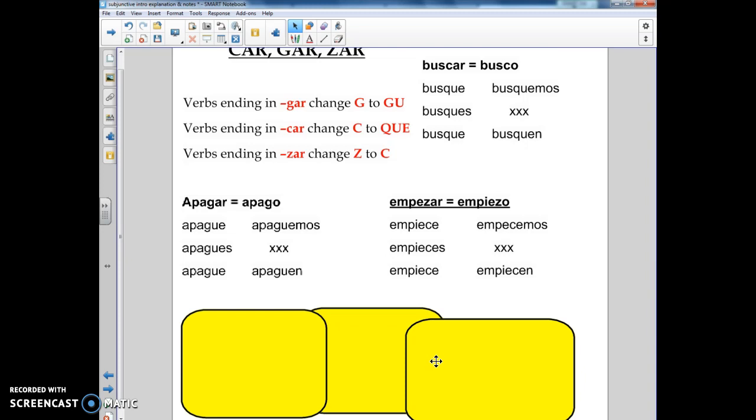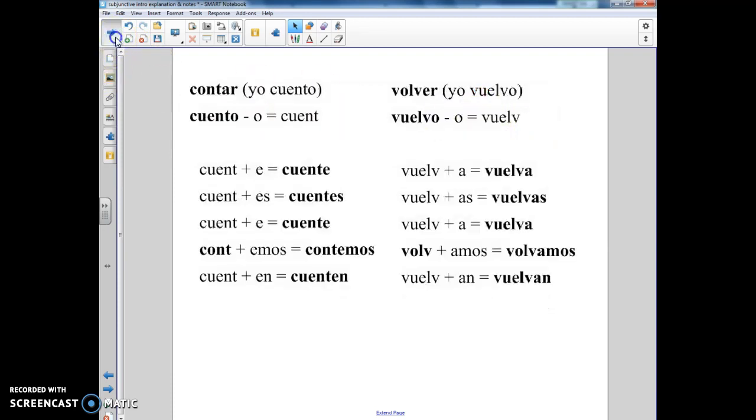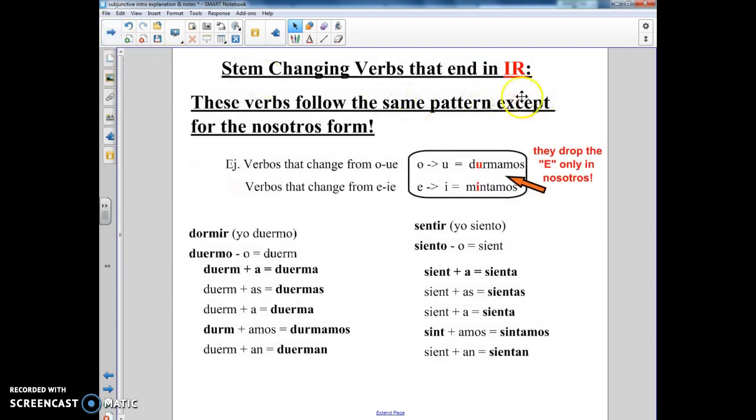Okay, and empezar kind of gives us a little bit of a segue into stem changing verbs. So you can see that stem changing verb rules are still going to apply here, and we're going to take a closer look at those. Okay, so there's a couple different ways to do stem changing verbs. We've got stem changing verbs that end in AR and ER, and then we have stem changing verbs that end in IR.